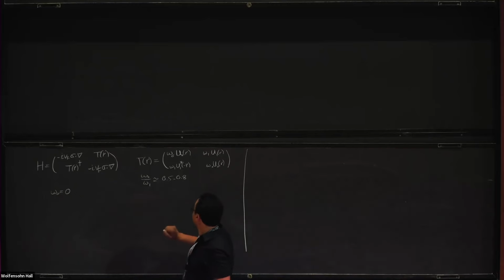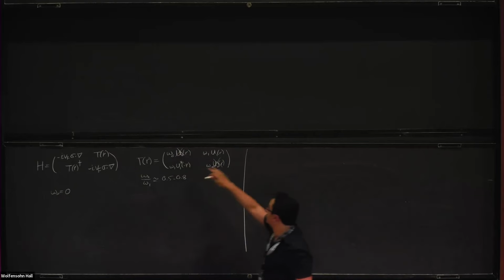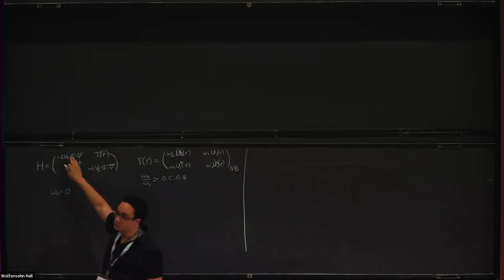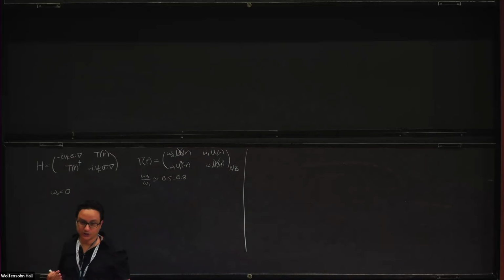Once we set W0 to 0, we are kicking out these terms on the diagonal, so T of R becomes completely off diagonal in AB sublattice space. The kinetic term is also off diagonal because it is written just in terms of sigma x and sigma y, which means the full Hamiltonian is off diagonal in sublattice. Another way to say it is that the Hamiltonian anticommutes with the sigma z operator.